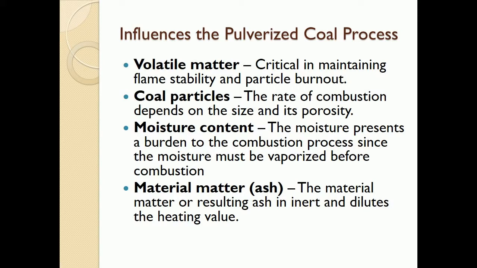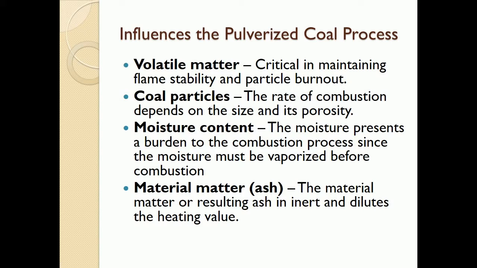What influences the pulverized coal process? 1. Volatile matter in the coal is critical in maintaining flame stability and particle burnout. 2. Coal particle size and its porosity influences the rate of combustion. 3.